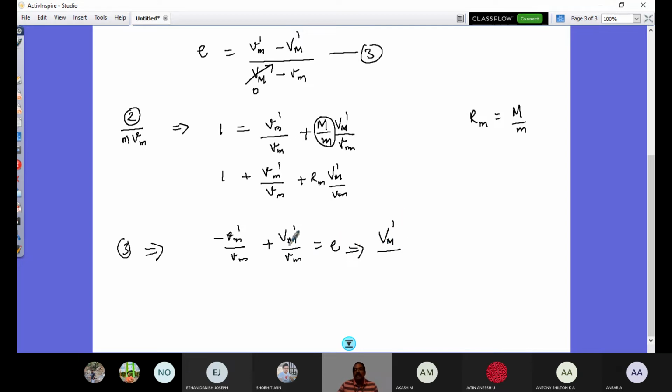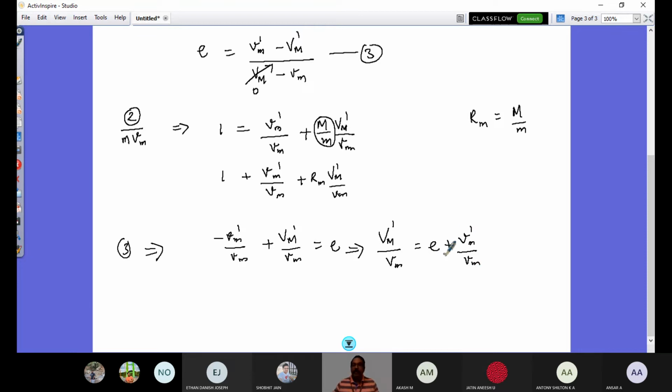So ultimately, we have to remove this explicit appearance of velocities and write a formula in terms of Rm and E. That's the idea, so we just do this manipulation. Vm dash by Vm is going to be equal to E plus small vm dash by small vm, right?